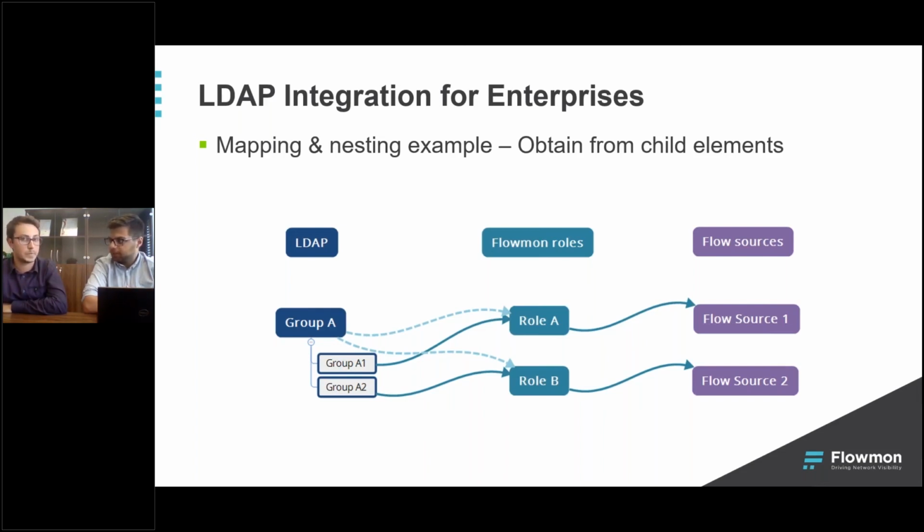One is MSP, where you're using a single instance of Flowmon to provide services to multiple tenants or customers, where you can very granularly and comprehensively rule on who has access to what sorts and types of data and what their roles are.